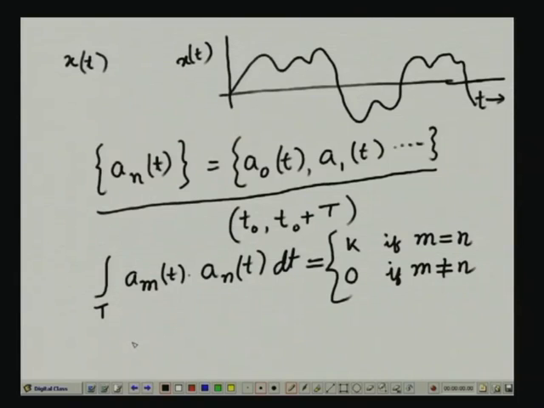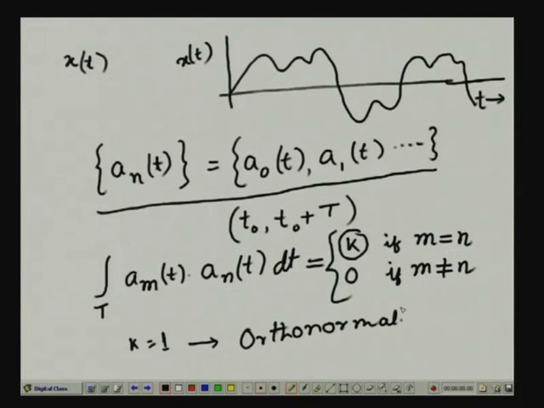then this set of real valued continuous functions forms an orthogonal set of basis functions. And if the value of this constant k is equal to 1, then we say that the set is orthonormal.